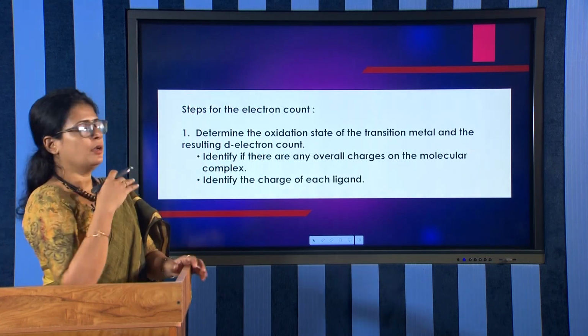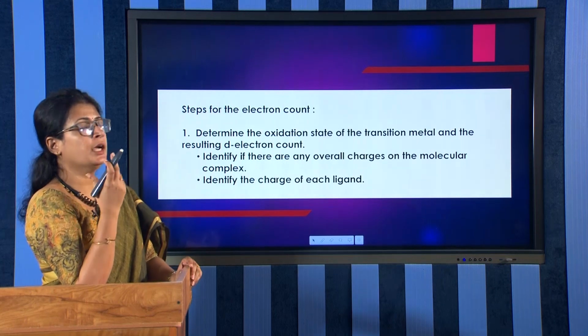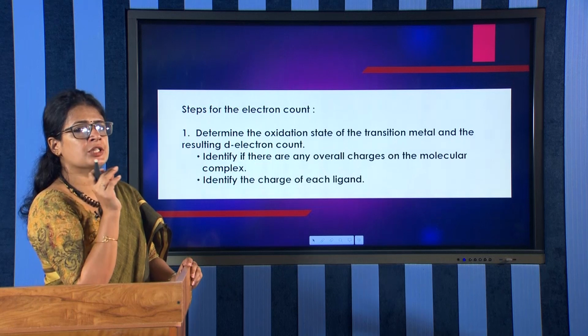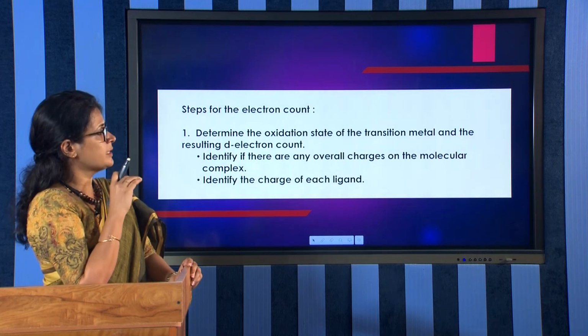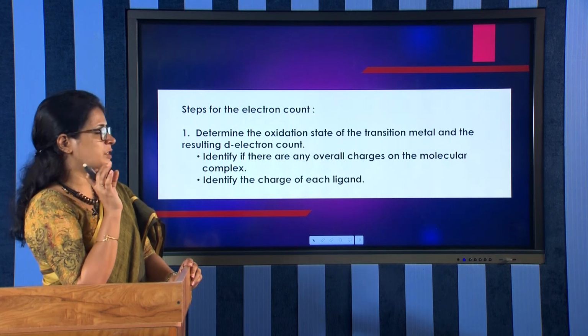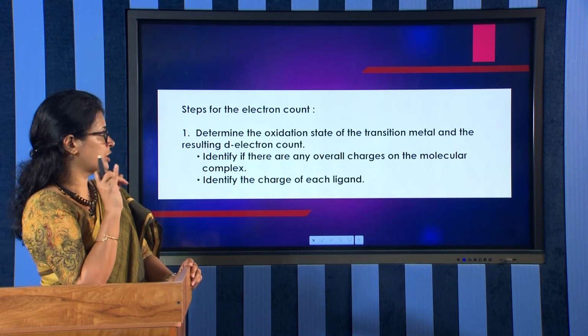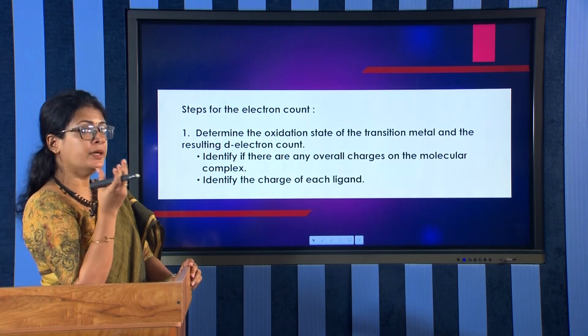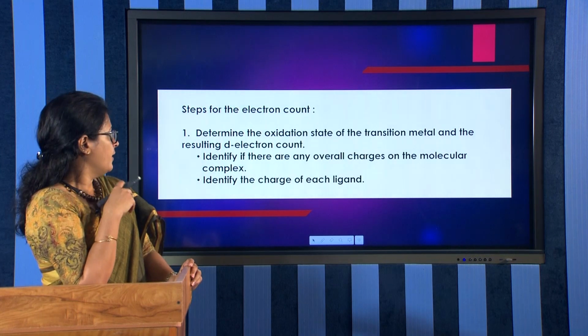And now we are going to the steps of the electron count. First, determine the oxidation state of the transition metal and the resulting d electron count. First we have to find the oxidation state and finally arrive at how many d electrons there are.